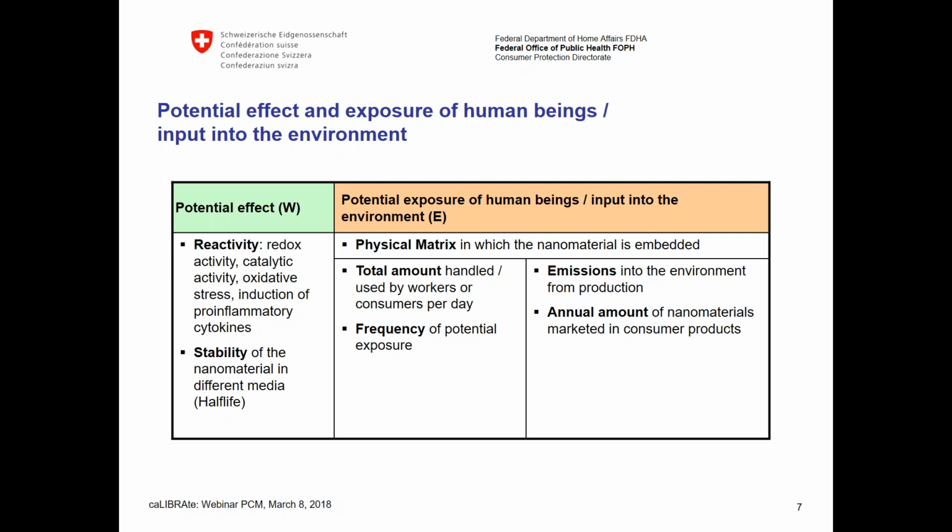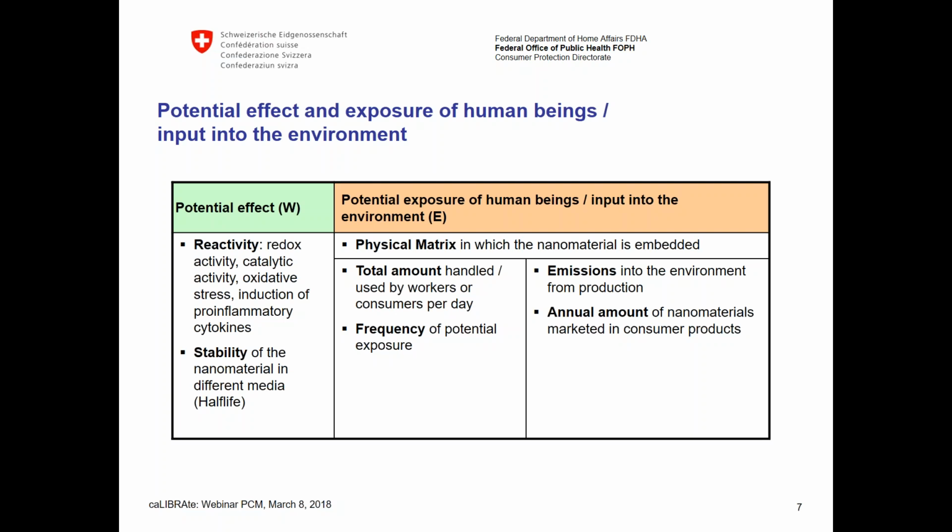Additional parameters used are the amount handled by workers or consumers per day, and of course the frequency of potential exposure. Concerning the environment, the additional parameters are the emissions into the environment from production, and also the annual amount of nanomaterials marketed in consumer products.